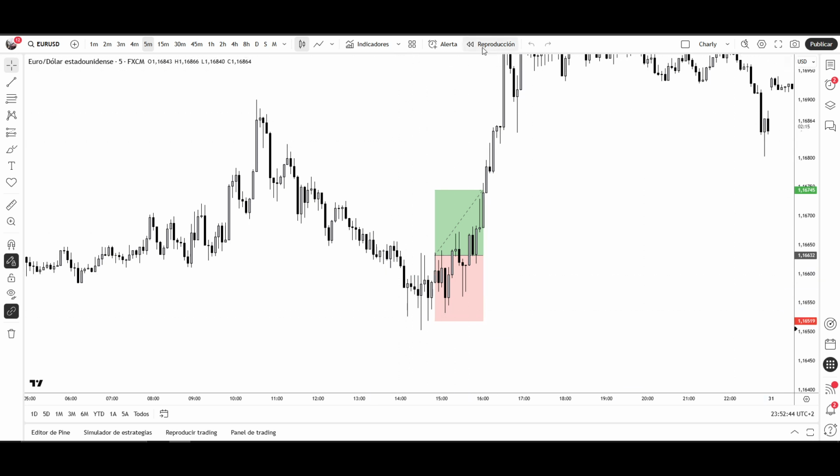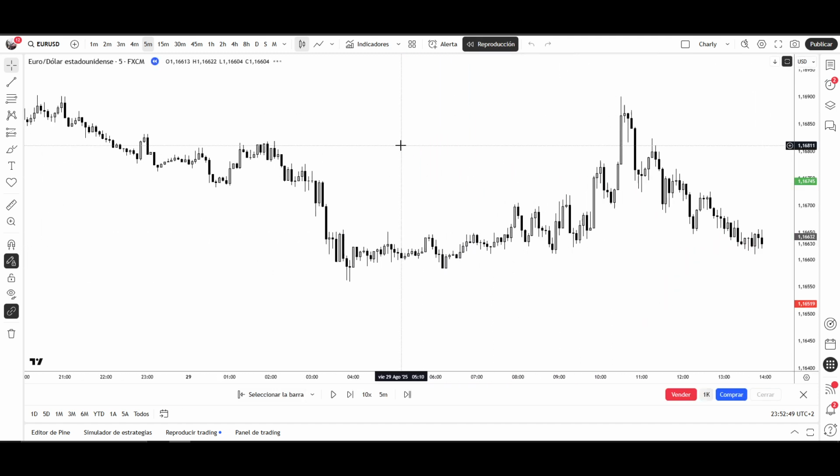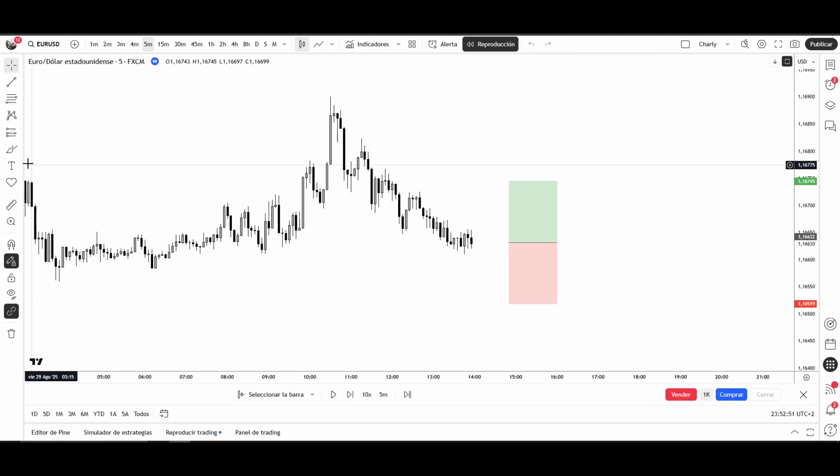So first of all, let's replay back to 2 p.m. and basically we go for the New York Open. We have to ask ourselves, where are we coming from? We have low, high, and then the market creates first impulse, second impulse, and then the third impulse.